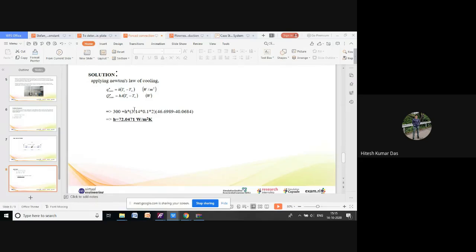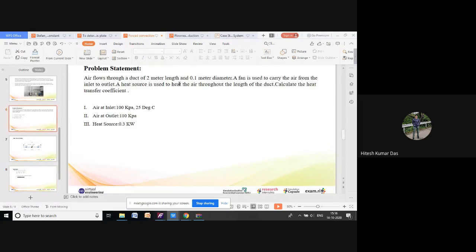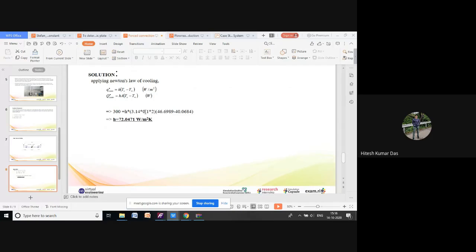And H we need to calculate here. For area we have assigned pi D L, where pi is 3.14, D is 0.1, the same diameter we applied here, and length is 2 meter.